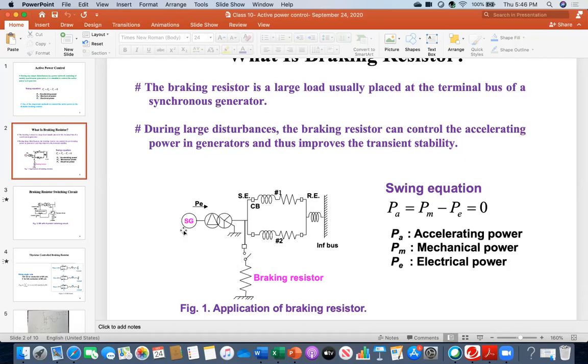For example, if it was rotating at 3000 RPM, you have to return it back. Only then can it provide the required frequency. So that is the ultimate goal of this resistance, and that's why there is a switch. Can you guess why there is a switch? To remove the excess amount of current in the network.